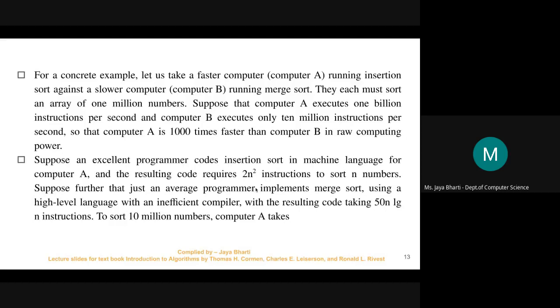So we can easily see that 2 is very less than 50. So to sort 10 million numbers, computer A, the computer with the highest processor, takes 1 billion instructions per second.